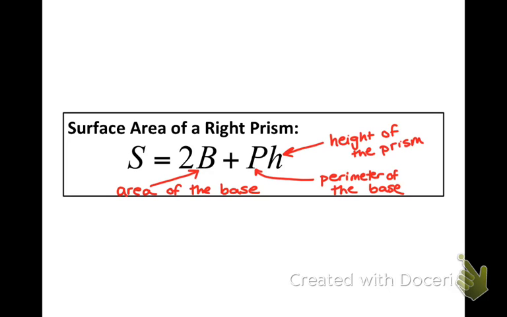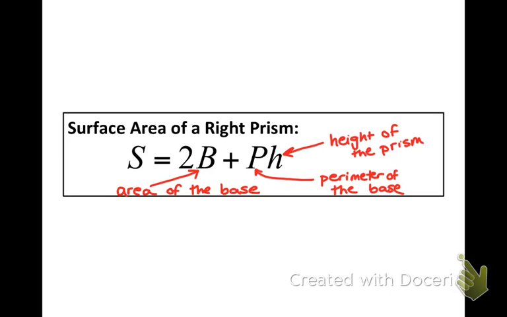So now let's think about this formula. We're all good with finding the area of this base and this base, right? It's a rectangle, it's just length times width. Double it, that gets you your two bases. Now think about your lateral area. Perimeter of this base is all around, right? That's how we find perimeter, add up all the sides.